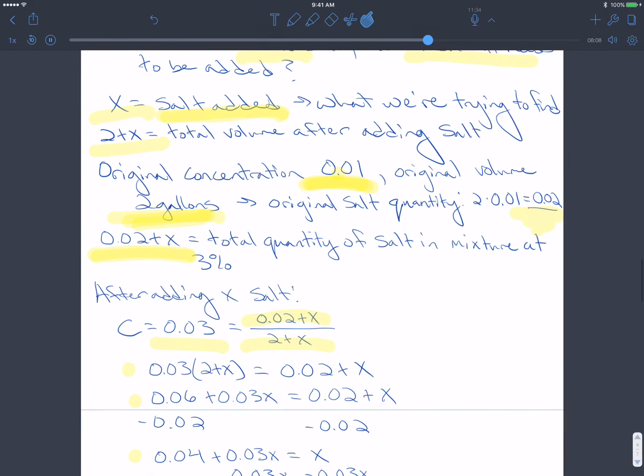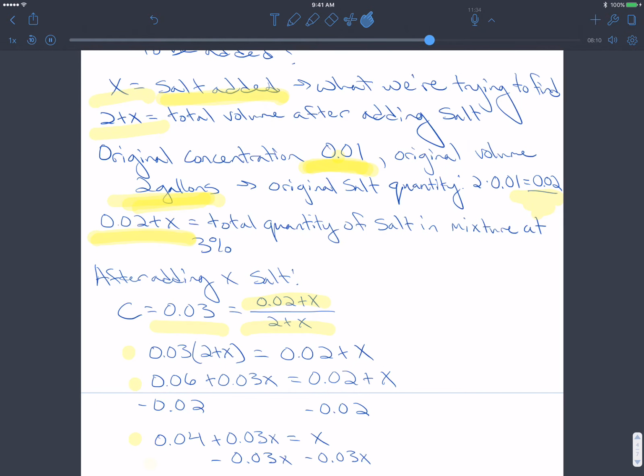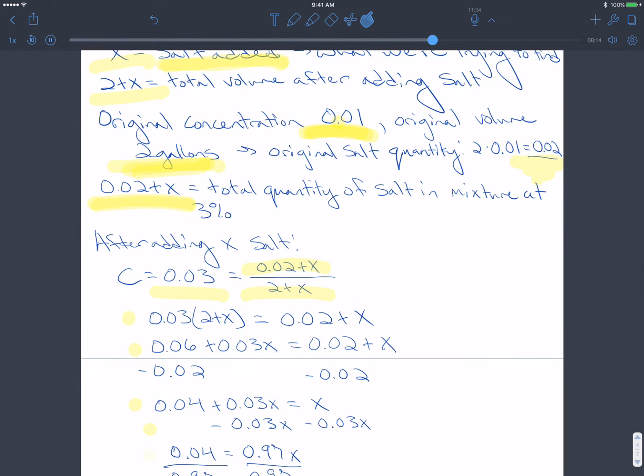Now I want to move those X's over. Once I subtract the 0.03X from both sides, I'll have 0.04 equal to 0.97X. Then it is merely divide by 0.97 to solve for X. In terms of fractions, that would be 4 over 97, or 0.04 over 0.97 reduces to that.